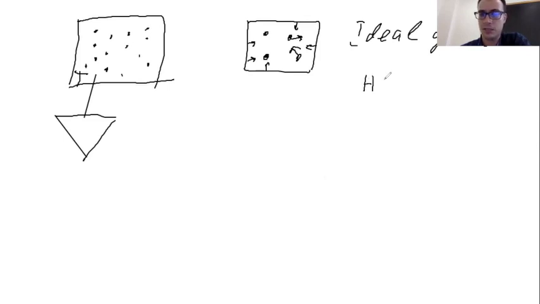Then in classical mechanics, we can define the Hamiltonian. It would be p squared over 2m, summed over all i, the particles. Let's assume that all particles have the same mass; in principle that doesn't change much.